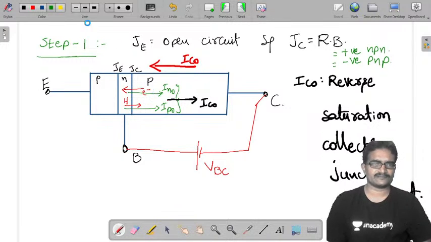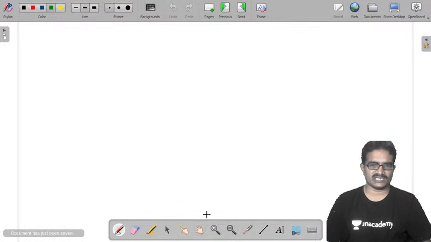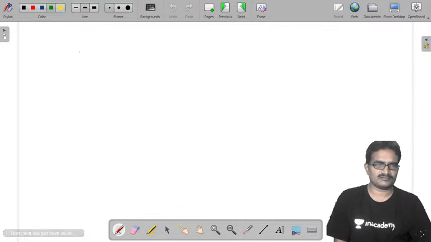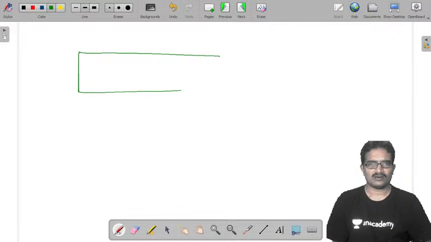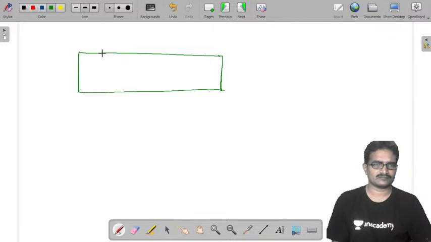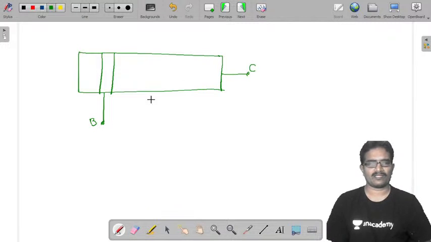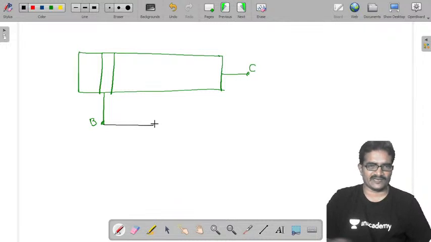Now I am going to redraw that. This is the result of step 1. Here this is the collector, base and collector. It is going to be operated in reverse bias.